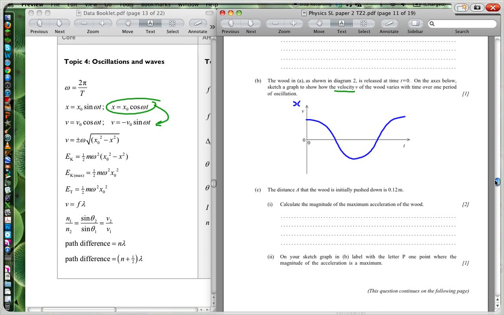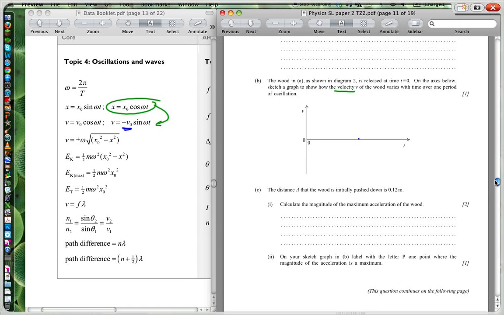Now we know that the velocity from a displacement time graph is a slope. So we can see here that our slope starts off at 0 and it starts to go down like that. And that's why we have a negative sine graph. So when I draw my v, it's going to be the negative sine graph.